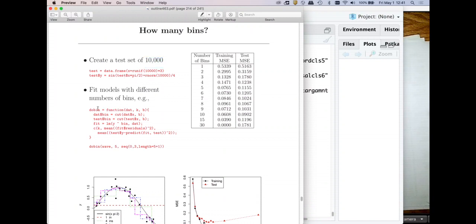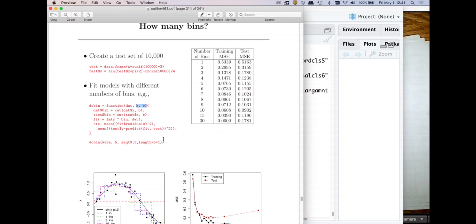Then I wrote a function here that will accept different numbers of bins. I can pass to it the number of bins that I want to make, and then it will create the necessary bin variable for me, fit the model, and evaluate how well it does on both the training and the test set.